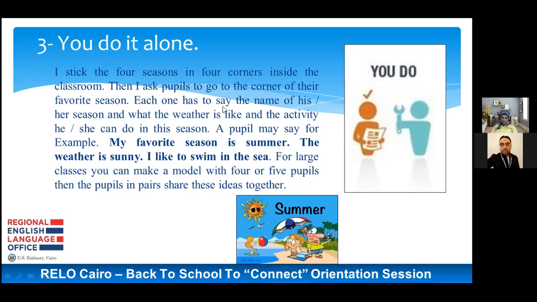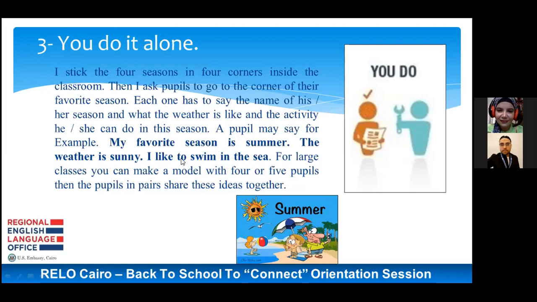Each one has to say the name of his or her season, what the weather is like, and the activity he or she can do in this season, as the three objectives we determined before. A pupil may say, for example, in the corner of summer: my favorite season is summer. The weather is sunny and I like to swim.